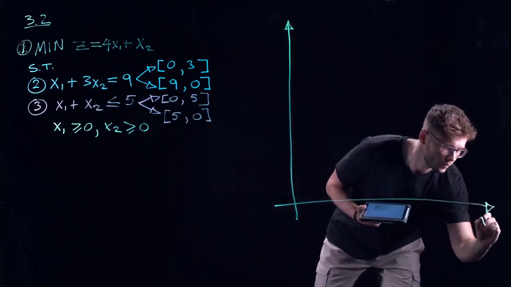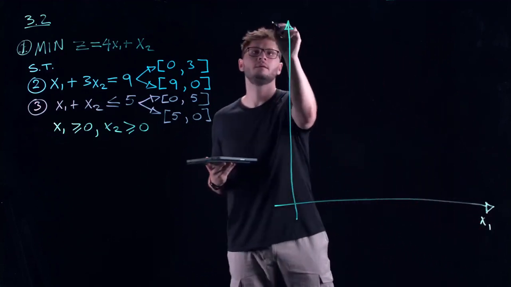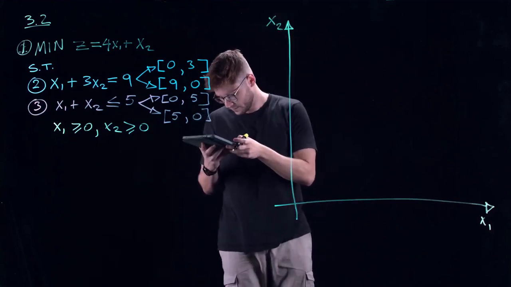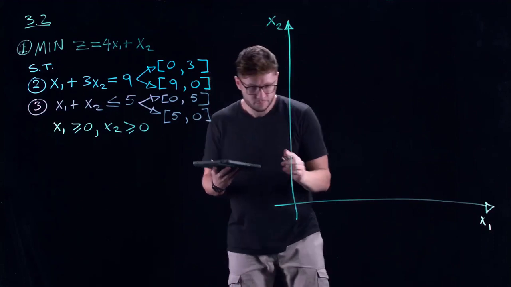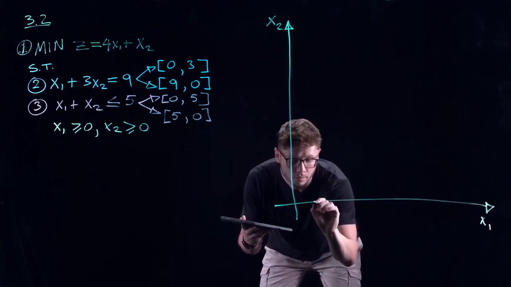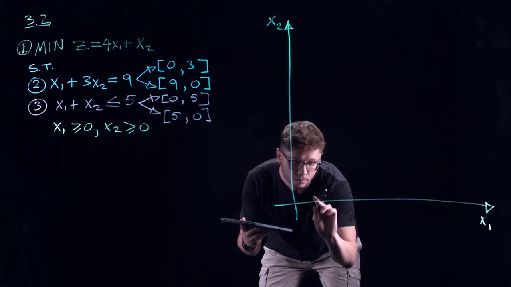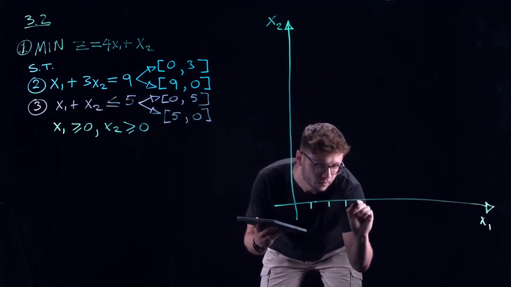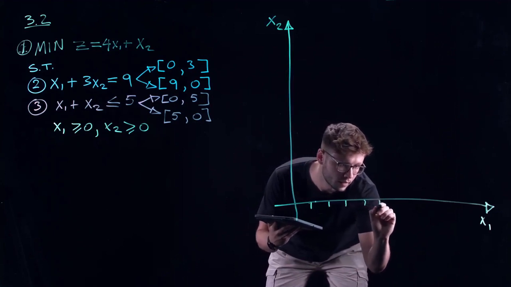This is going to be our x1 axis. This is going to be our x2 axis. And let's put some numbers. Start over here. 1, 2, 3, 4, 5.